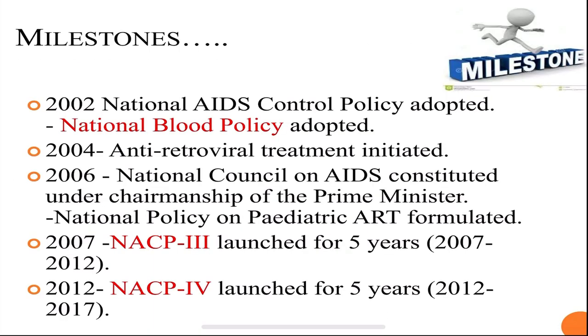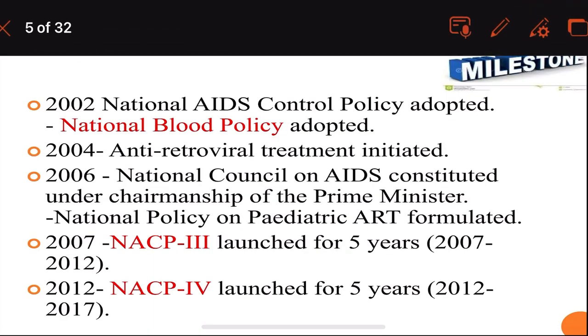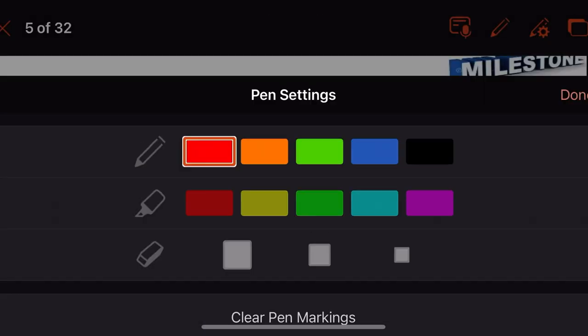Now guys, in the milestones, this is general knowledge you got to know. From your exam point of view, the strategies are very important. In the milestones, you have to remember when the program was launched.